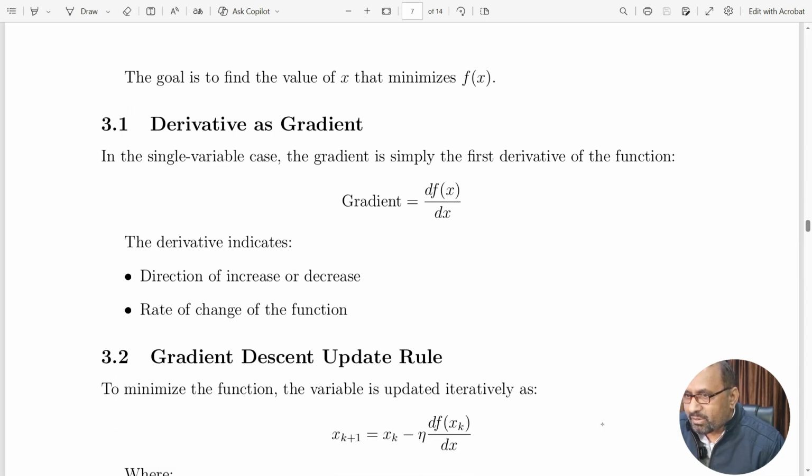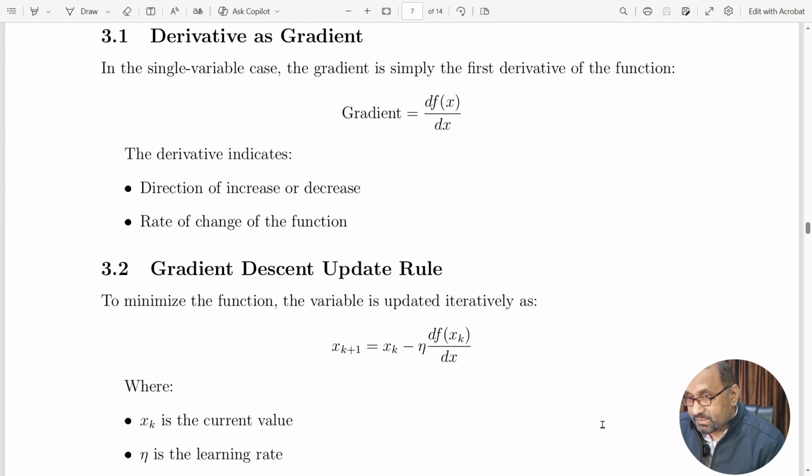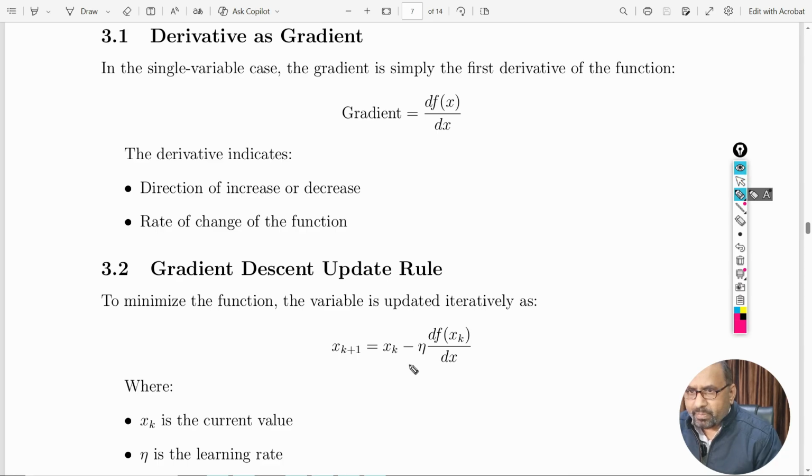Here we are taking the gradient descent update rule. This is the rule by which we can update the values. As you can see, this is eta, and this is the main equation.